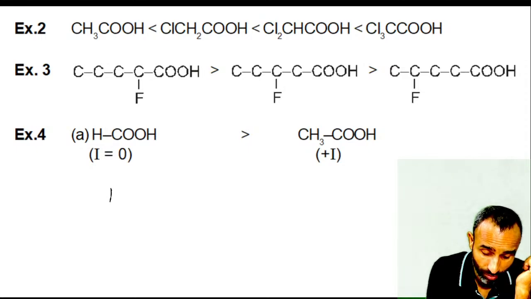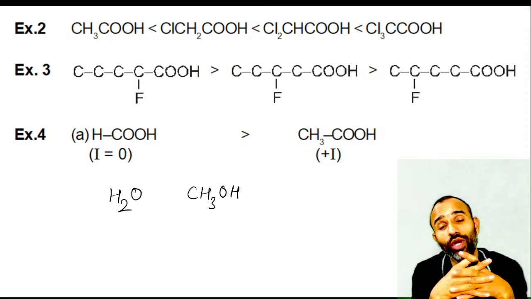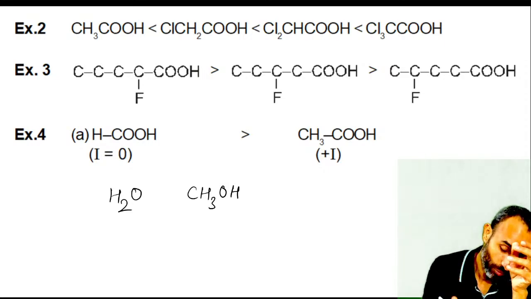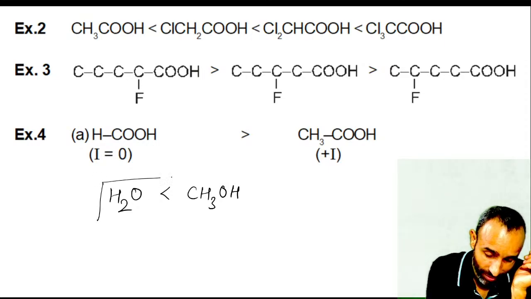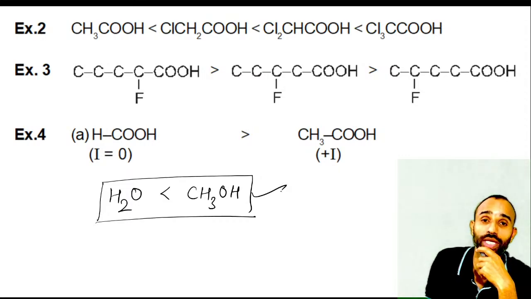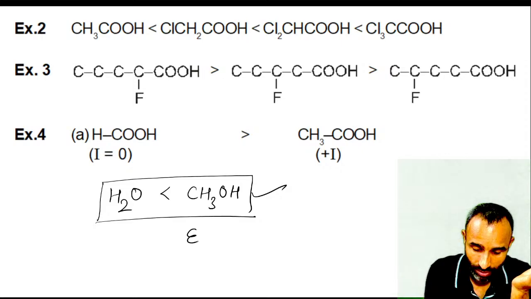One question I always forget to tell you: out of water and methanol, which one is more acidic? Yes, very good. That's what I wanted to tell you, that methanol is more acidic than water because it is an exception to the general rule.